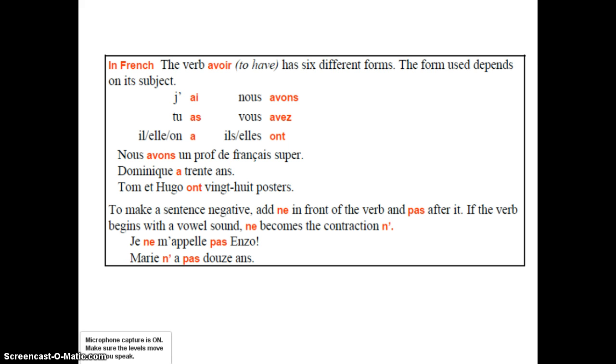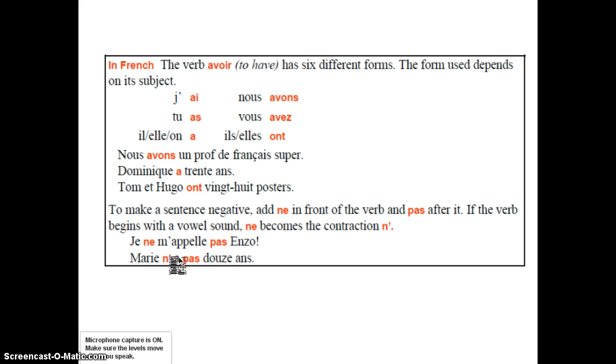So they're giving you two examples here. The first one, instead of saying je m'appelle Enzo, my name is Enzo, if you put the ne and pas around the naming part, instead of saying my name is Enzo, you're saying my name is not Enzo. Now they do point out to you that if you have a ne followed by a vowel, like in this case, instead of saying Marie ne a pas 12 ans, they really don't like the sound of two vowel sounds next to each other, so they'll go ahead and drop that E off, just like we do in the contractions.